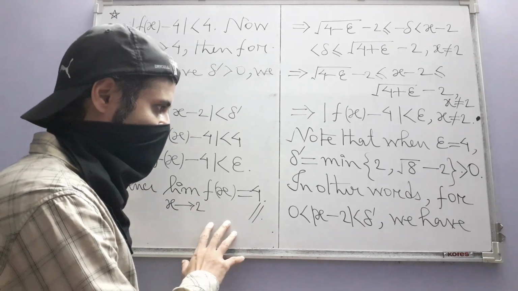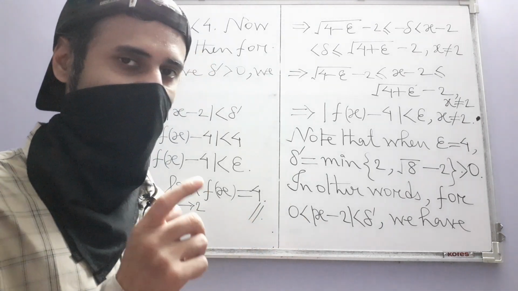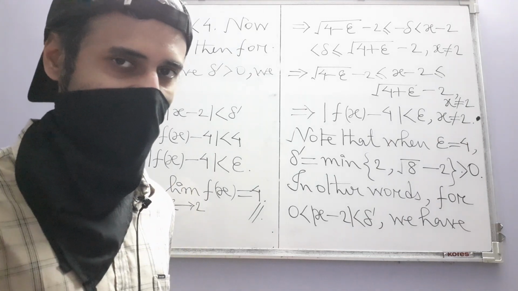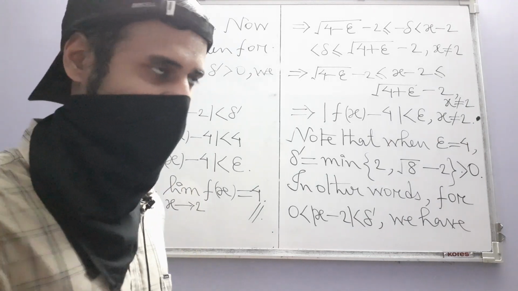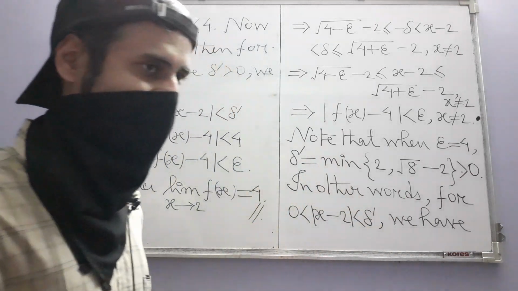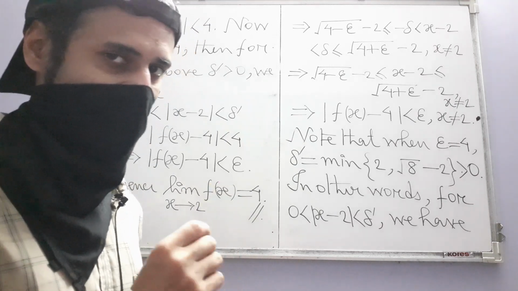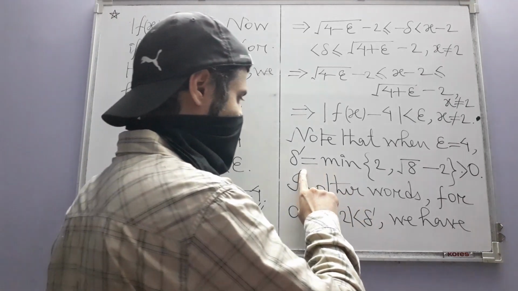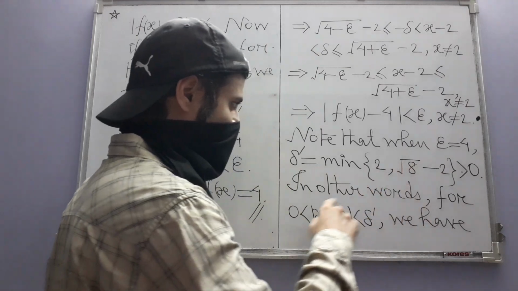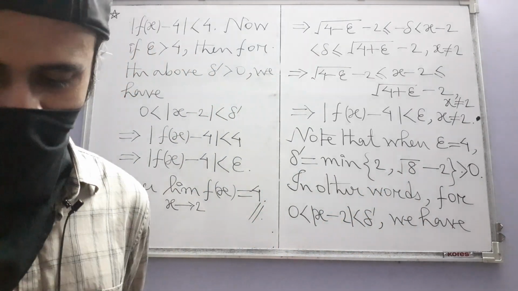And let us now see one of those properties, namely the sum of two functions and their limit. We have already come across that. That is, if you have two functions which approach two limits as the independent variable approaches the same point in their domain, then the sum of them approaches the sum of the limits.